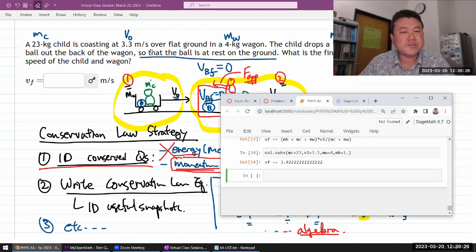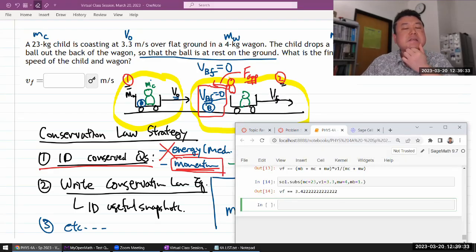That's higher than the initial number. I think it's worthwhile pausing for a bit and making sure that that makes sense. So when the child is doing work on the ball, the child is actually doing negative work. Oh, but there's a reaction force on the child. So that must be doing some positive work.